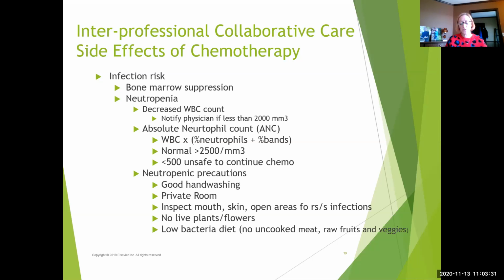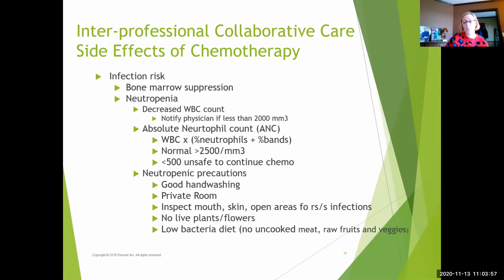Your absolute neutrophil count, your ANC, is a better predictor of their ability to continue chemotherapy, and it's a more adequate assessment of their infection risk than the white blood cell count alone. It takes the neutrophils and the bands and everything into consideration to give you a number, which normal is greater than 2,500.